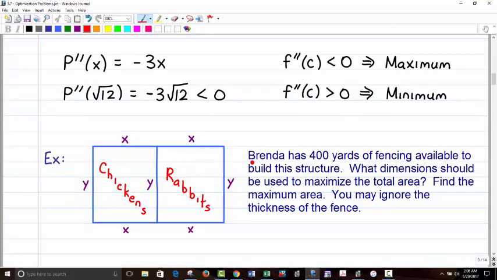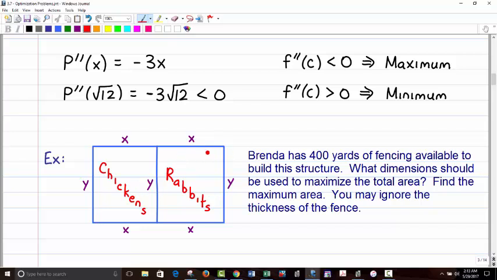All right, let's see what we have here with this example. In this one, I just kind of joked about chickens and rabbits or whatever, but that's not really part of the problem.